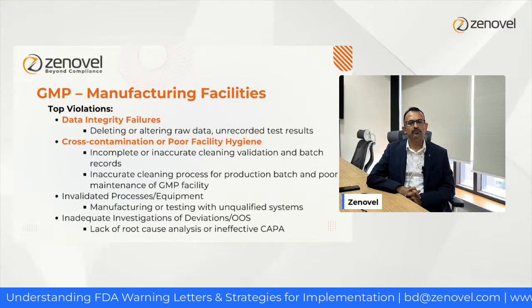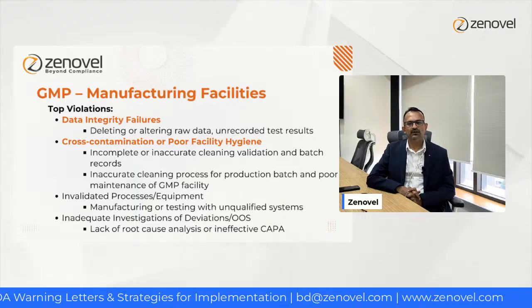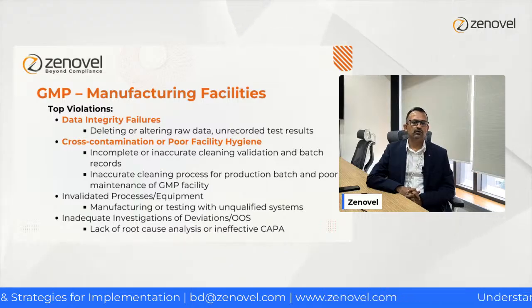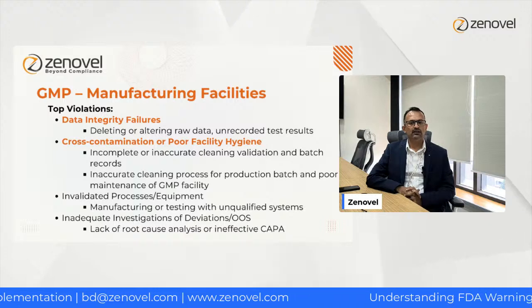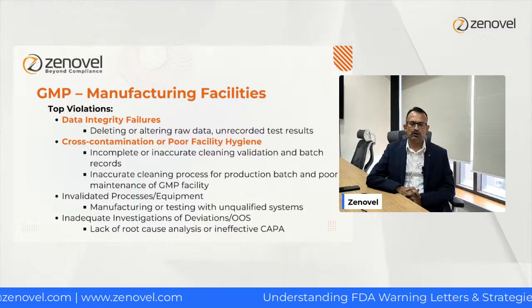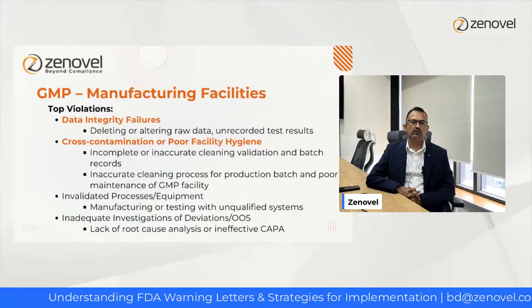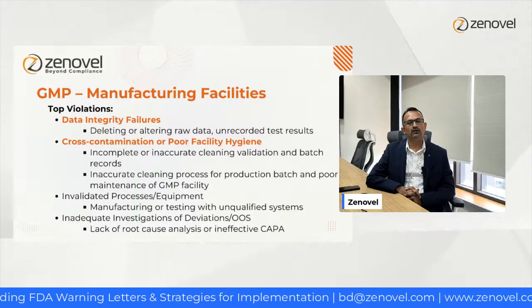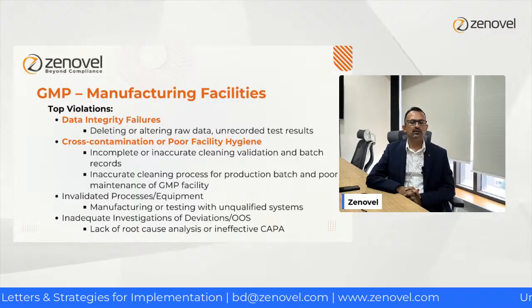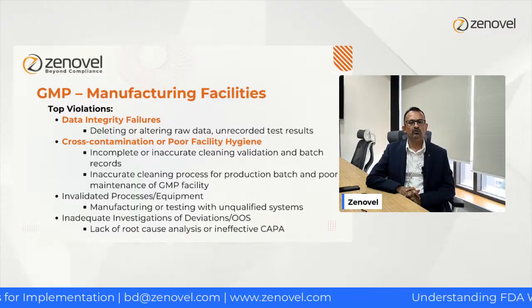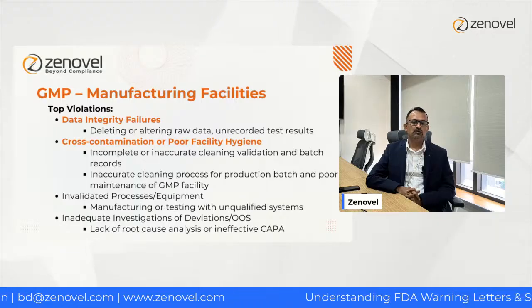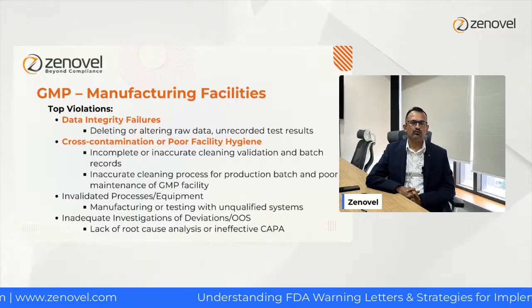And next we are moving to GMP, manufacturing facilities. For a manufacturing facility, data integrity is a key concern, and in the FDA observations we have seen cases of deleting or altering raw data, and even unrecorded test results were found.